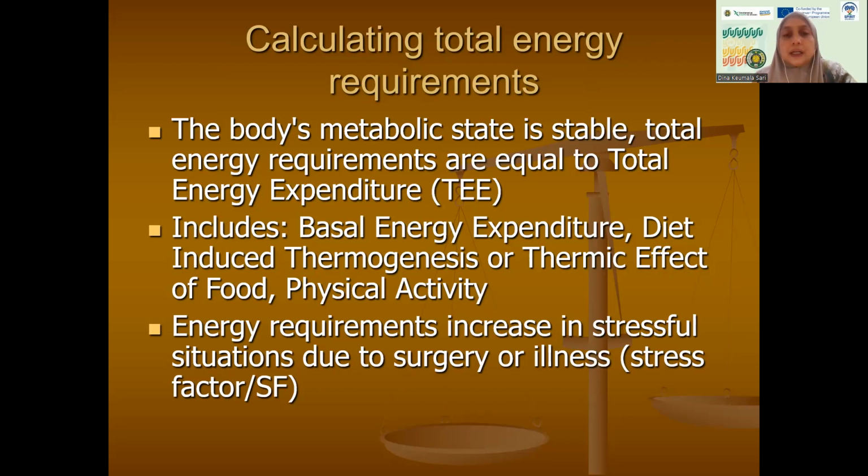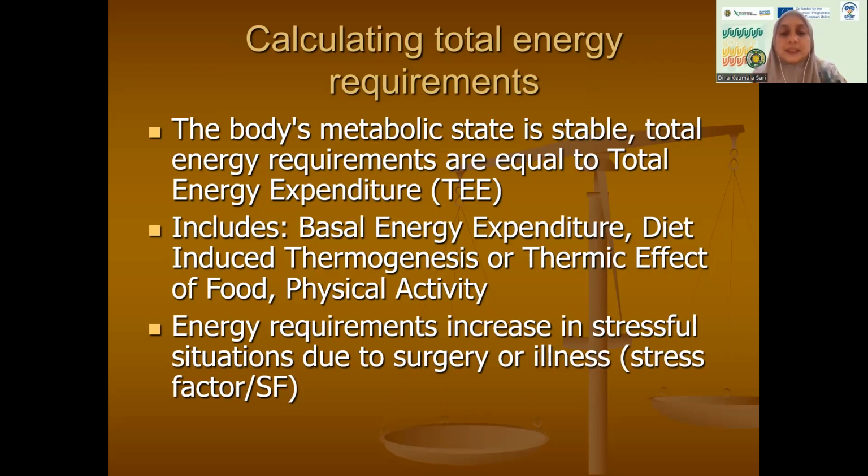But when we calculate for a cancer patient or somebody with an illness, we need to add more energy because a patient with cancer or illness is in a higher catabolic state than a normal person. So we need to add a stress factor, SF.